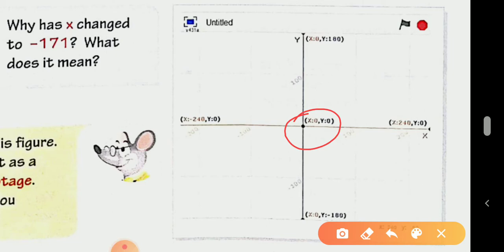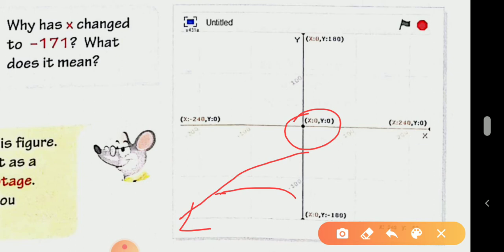It means our x value is 0 and y value is 0. Then we move our sprite from here to here, so our position changes to minus 171 for the x-axis and y-axis value between minus 118. Okay, you can easily see.